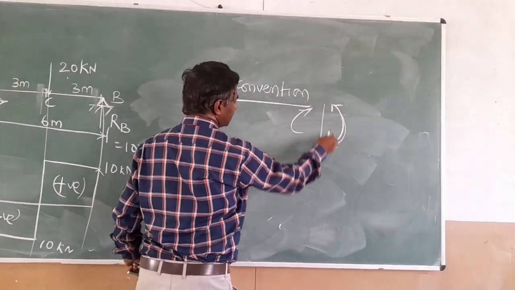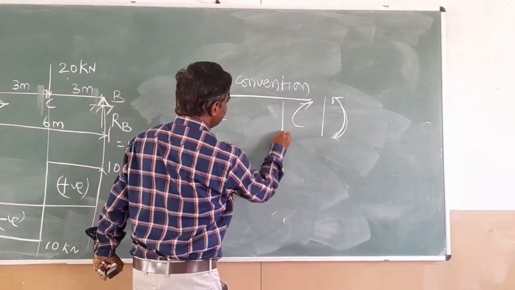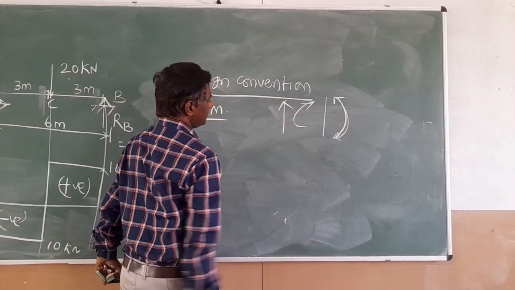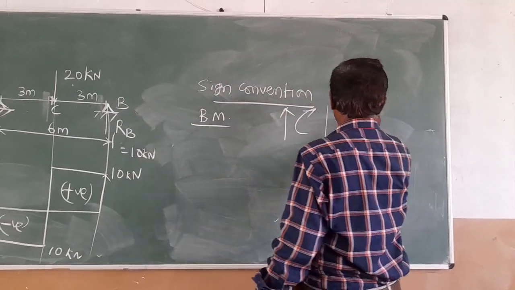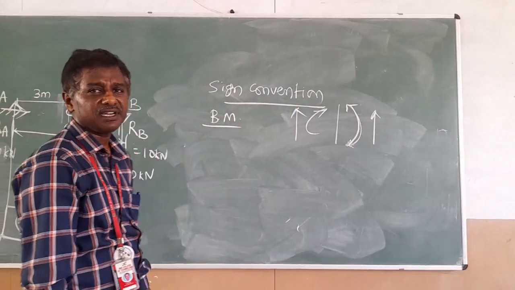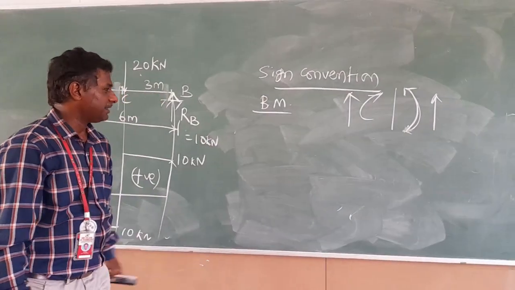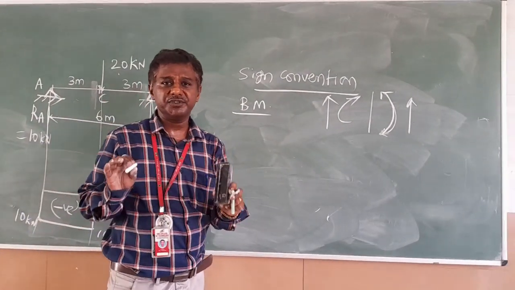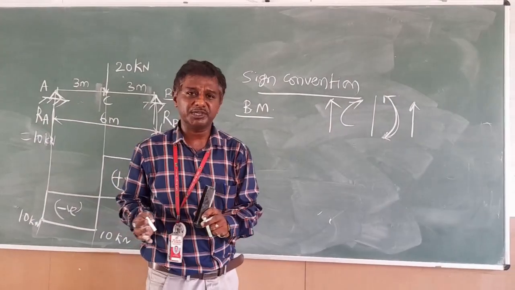This is the positive sign convention for the bending moment diagram. That means, considering the left side, an upward force and, on the right side, an upward force must be there; then only you have a positive bending moment. So upward force will give you the positive bending moment.